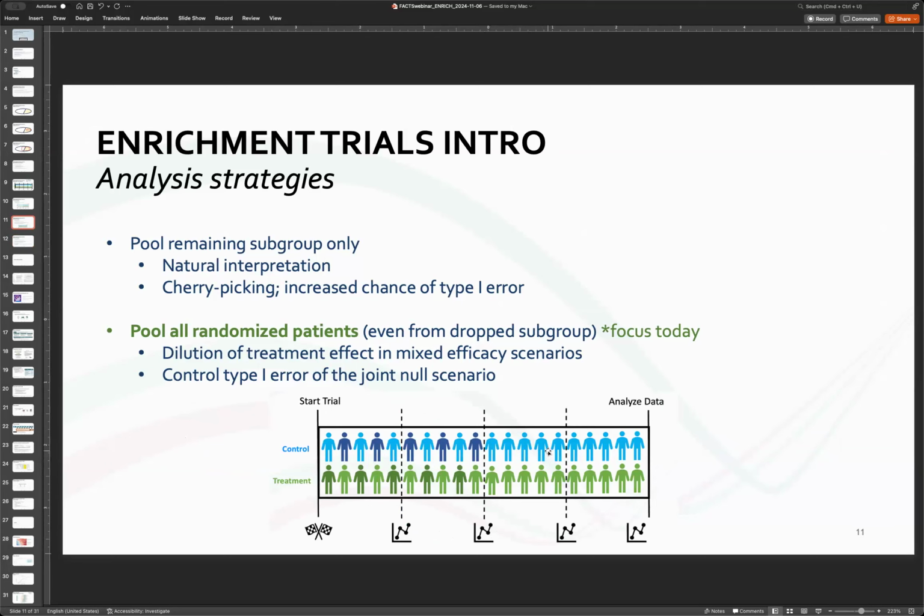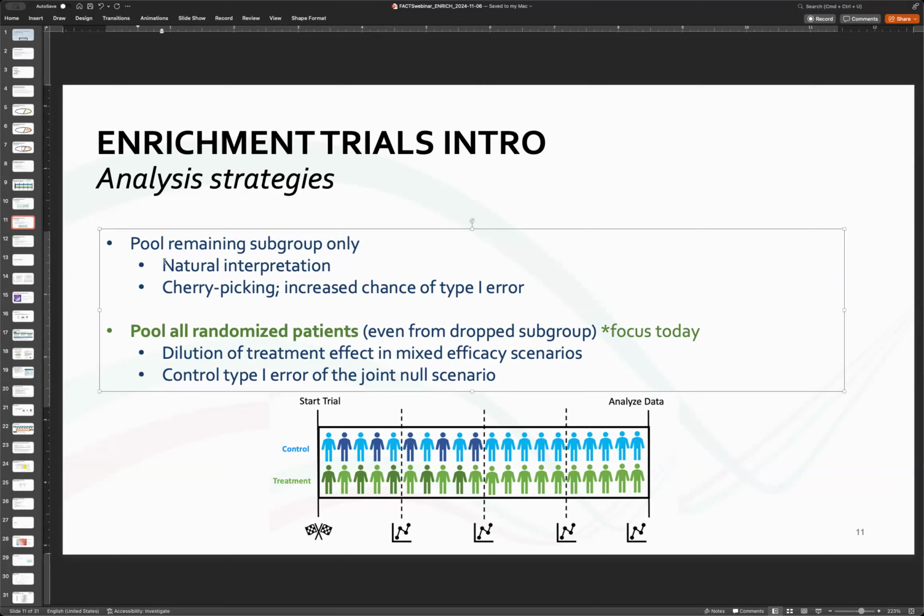It's more influential cherry picking on type 1 error than if you have more equal subgroups, or if you pick one of the larger subgroups. So the Dawn trial used this analysis approach, and Todd Graves at Berry Consultants has a nice formula that aims to handle this increased chance of type 1 error. So you can find more information in the Dawn study.